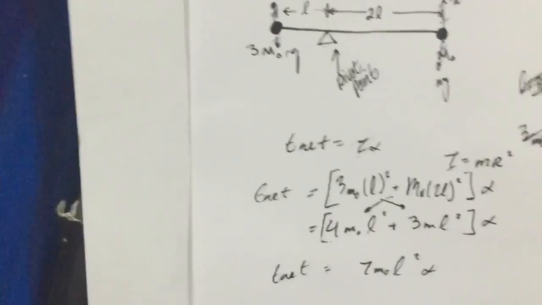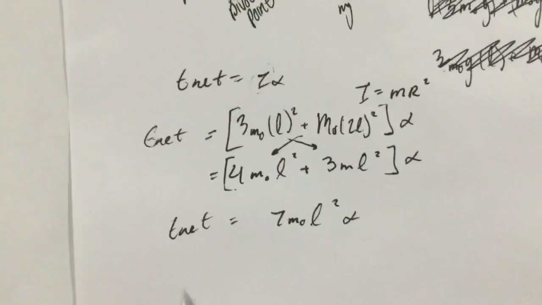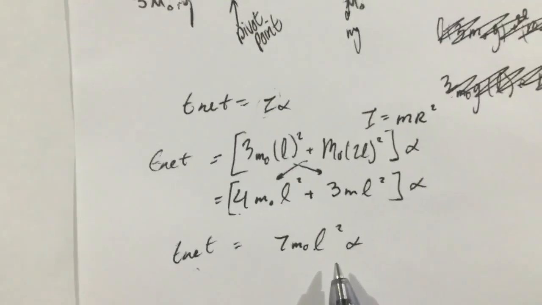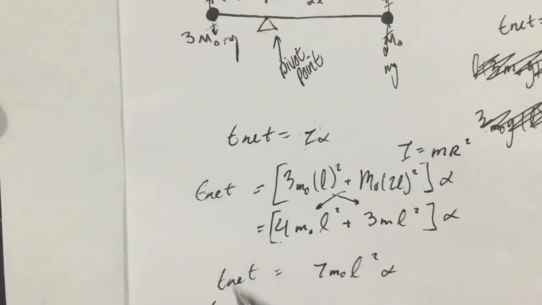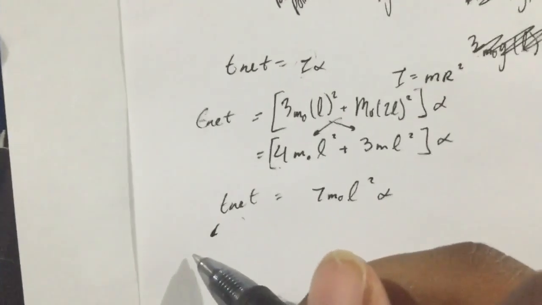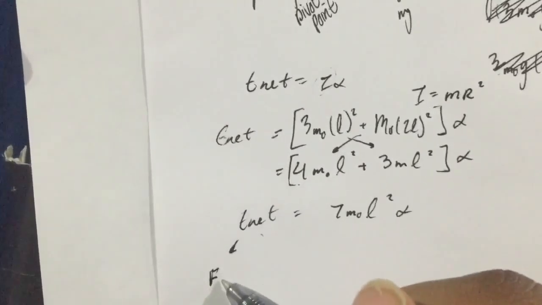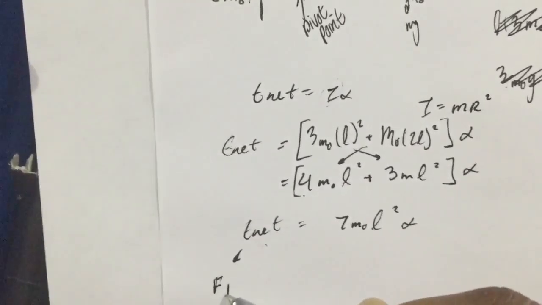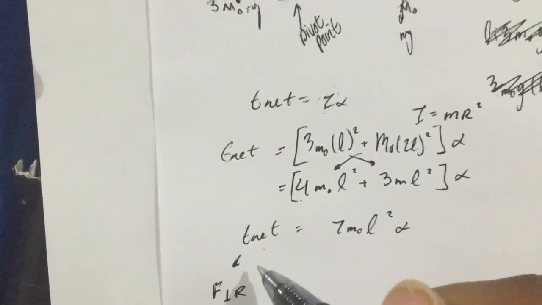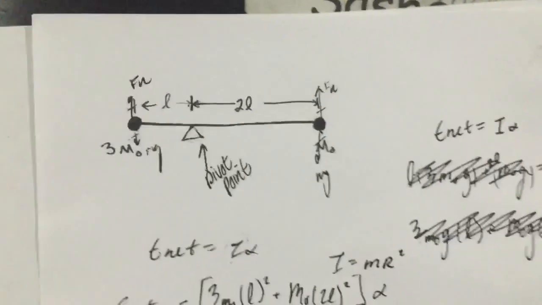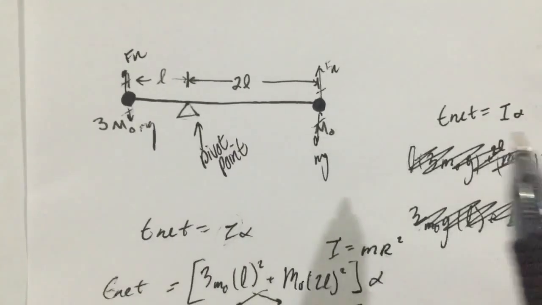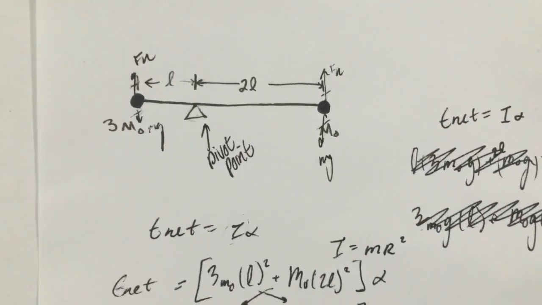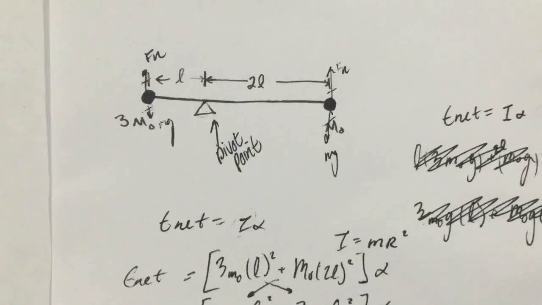And then after finding what the net torque equals, you should know that the force perpendicular times the radius is equal to the torque. So you would find the torque of each mass on both ends to equal the net torque.